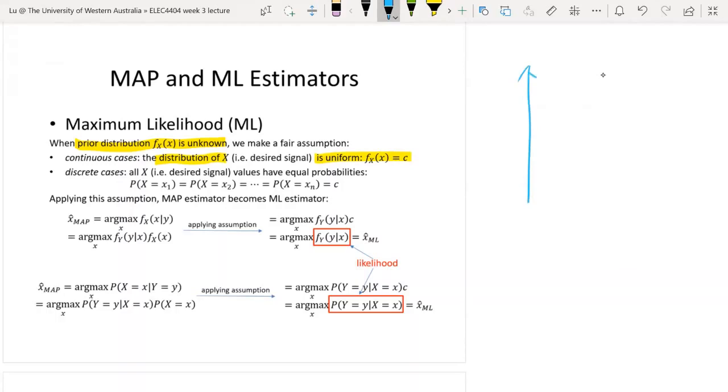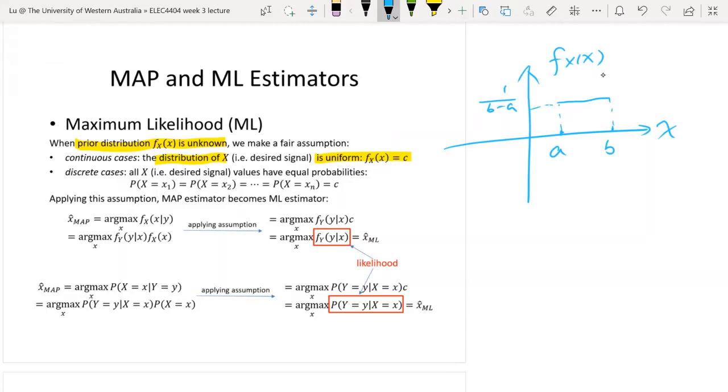Uniform distribution means, for the continuous case, between a given range A and B of the x value, the PDF of this random variable x is constant within this range, and its value is 1 over b minus a. Out of the AB region, the PDF value of the x are all zeros.